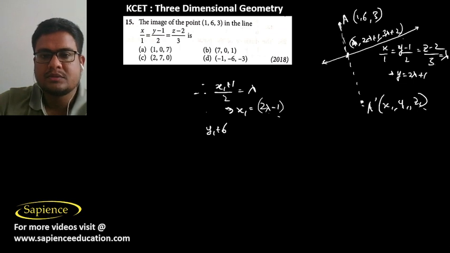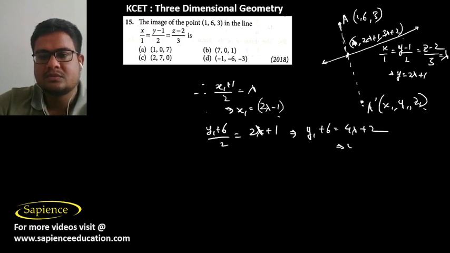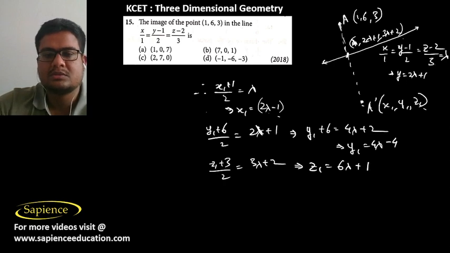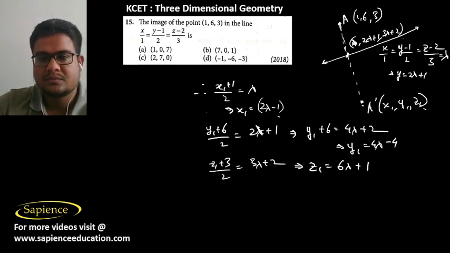Similarly y1 plus 6 by 2 is equal to 2 lambda plus 1. Therefore y1 plus 6 is equal to 4 lambda plus 2, so y1 is equal to 4 lambda minus 4. And z1 plus 3 by 2 is equal to 3 lambda plus 2. Therefore z1 will be 6 lambda plus 4 minus 3, that is 6 lambda plus 1.